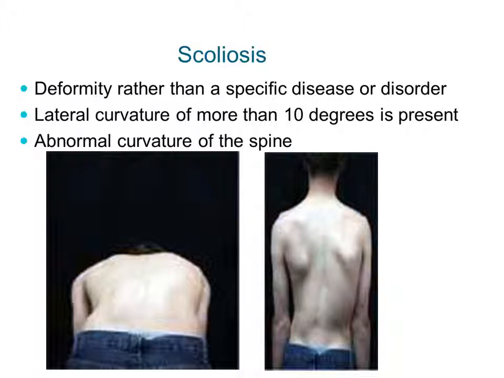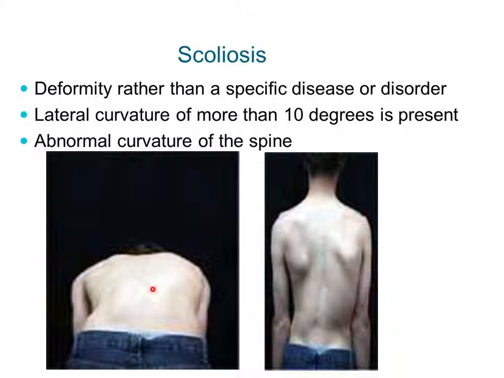Just looking on the right hand side here, you can see how the spine takes this lateral curve. Another prominent thing is looking at the shoulder blades or the scapulas. One is more pronounced than the other one. Also right here, looking at the hip, how one side of the hip is hiked versus the other.